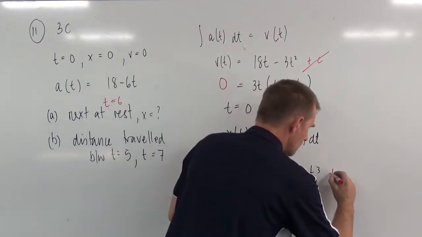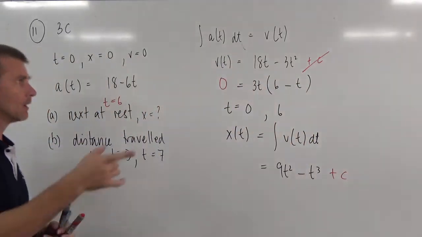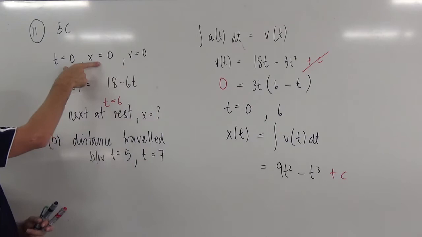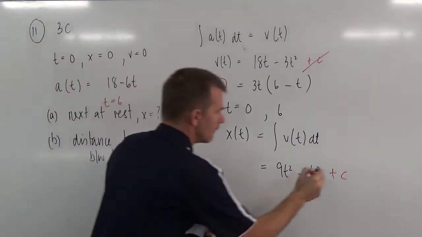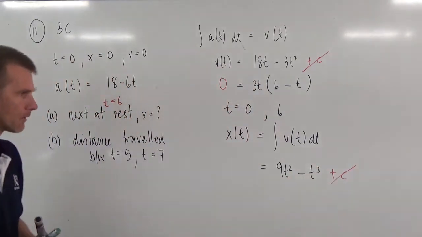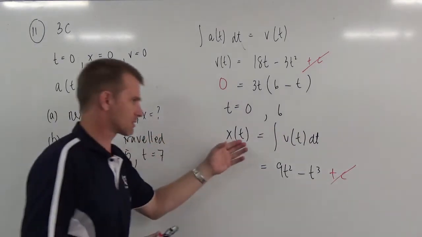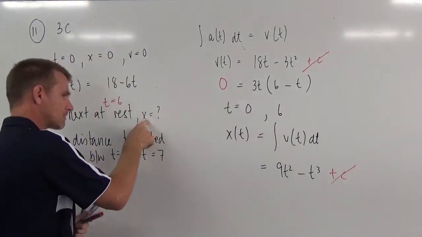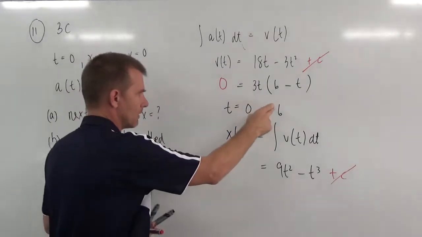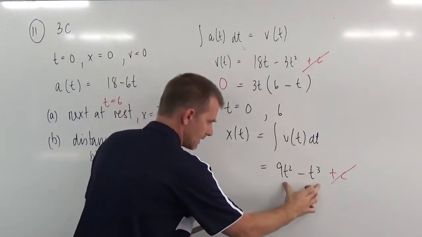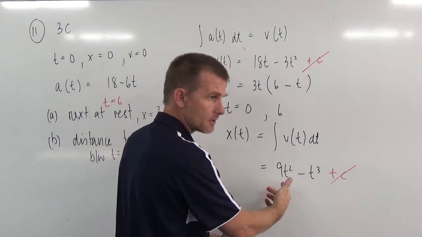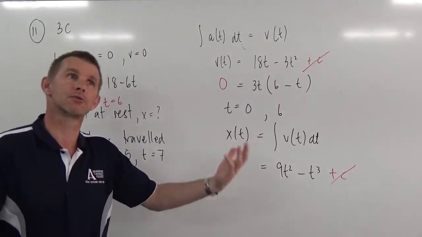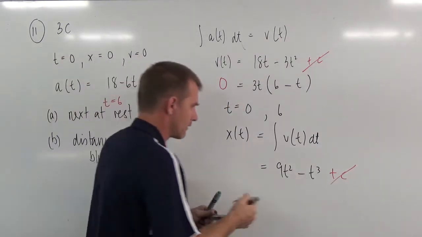And again, it would be plus c, but when x equals 0, t equals 0, so again I can ignore it. So there's my formula for displacement. To answer this part, all I've got to do is take my 6 and put it in here. 6 sixes are 36 times 9, that's 324.